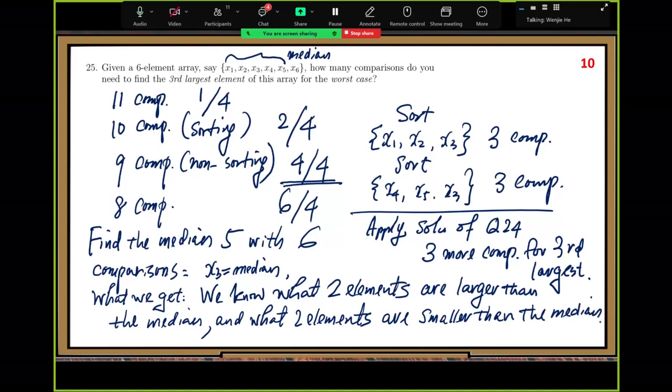But we may not know which one is the largest, which one is the second largest. This is what I want to say.